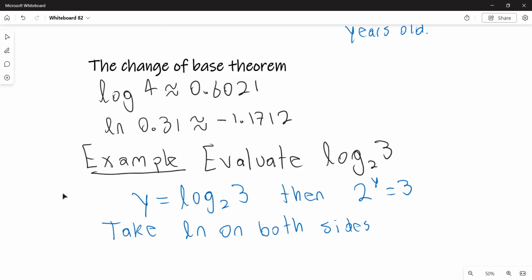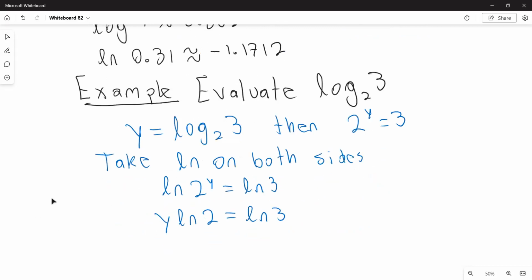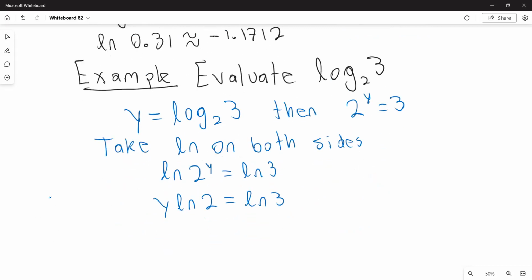It can be natural logarithm or decimal logarithm; for no particular reason, I'm choosing the natural logarithm. Properties of logarithms allow me to bring down the exponent. So y is natural logarithm of 3 over natural logarithm of 2.